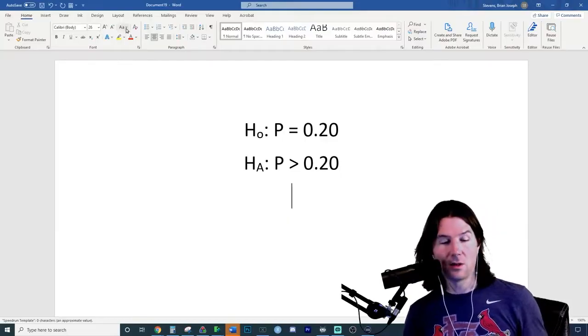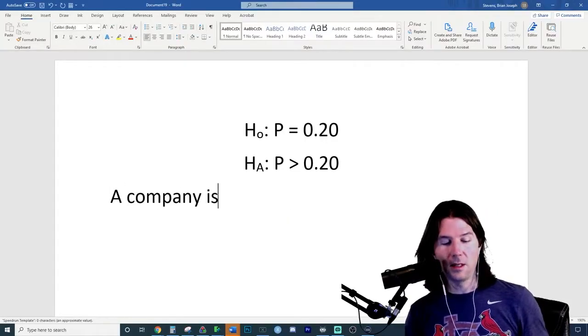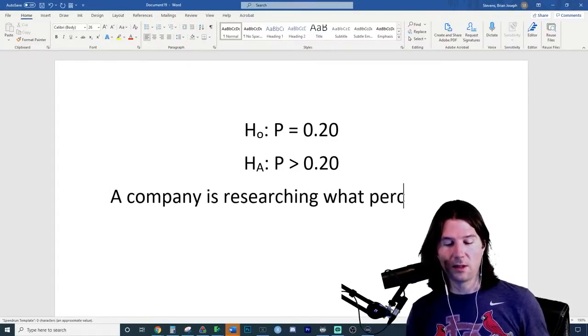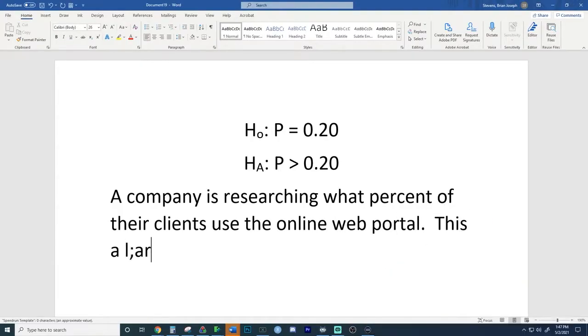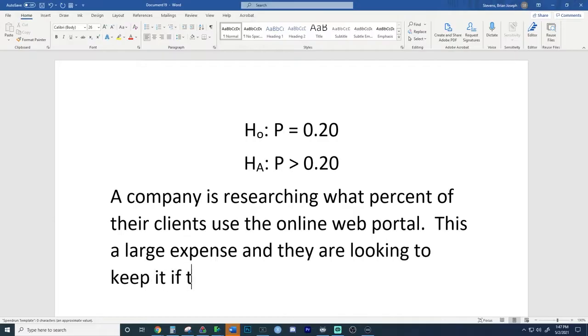So on a test, this could read the following. A company is researching what percent of their clients use the online web portal. This is a large expense, and they are looking to keep it if more than 20% use the portal.